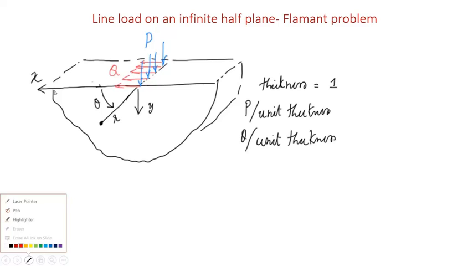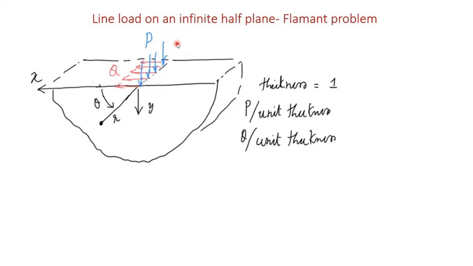The half plane extends infinitely in the x and y direction. In the z direction, it is immaterial because we are going to take unit thickness and consider it as a plane problem. My x-axis is to the left and y-axis is downward, and the r theta coordinates are also indicated here.